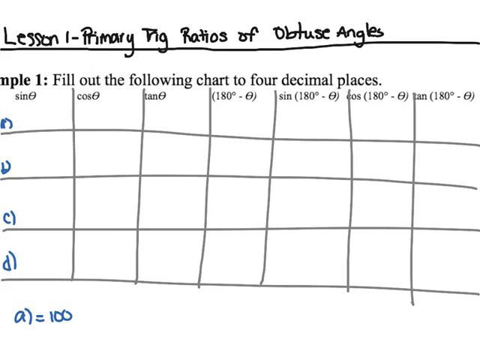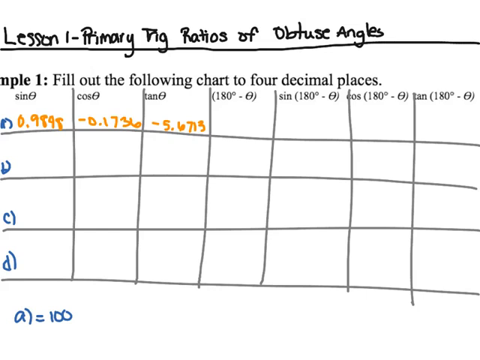Type sine of 100 into your calculator and you should get 0.9848. Type cos of 100 degrees and you should get negative 0.1736. Tan of 100, you should get negative 5.6713. So those are your primary trig ratios, sine, cos, and tan.